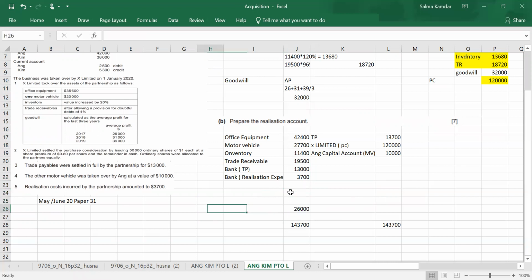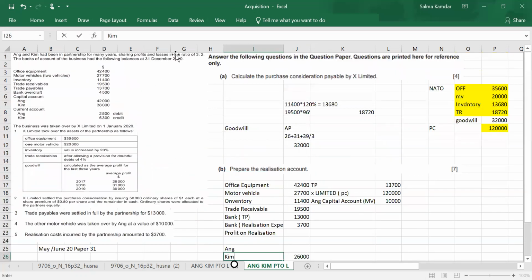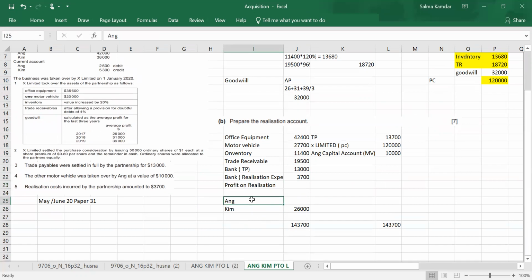And this 26,000 will be shared amongst the partners Ang and Kim in the profit sharing ratio. What is the profit sharing ratio? 3:2.